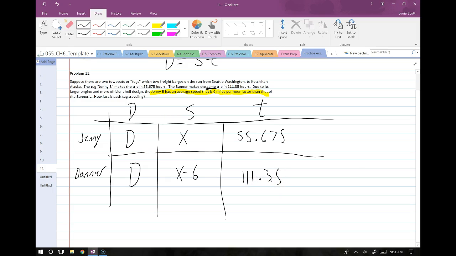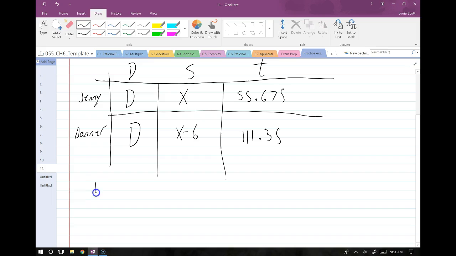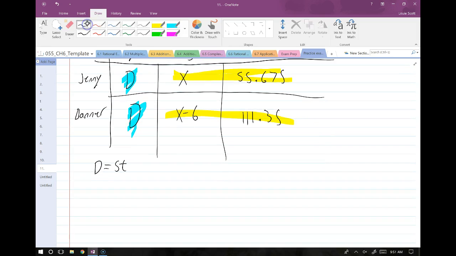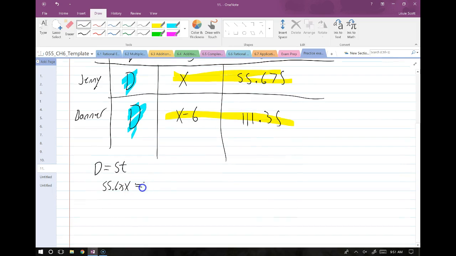111.35 for the Banner. All right, so since our equation is D equals ST, and both of these STs equal the same D, we can say 55.675x, which is S times T for the Jenny, is equal to capital D, which is also equal to 111.35 times x minus 6, which is ST for the Banner.